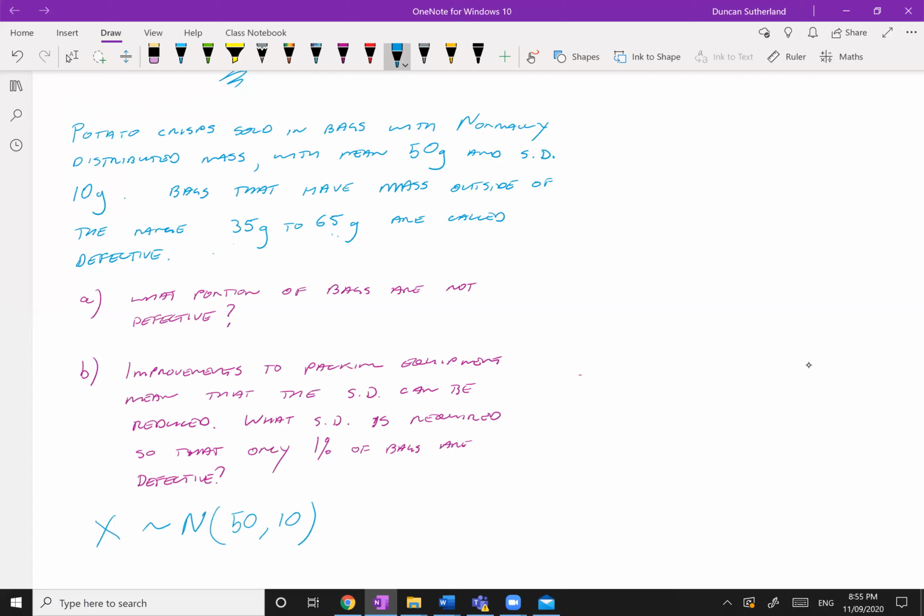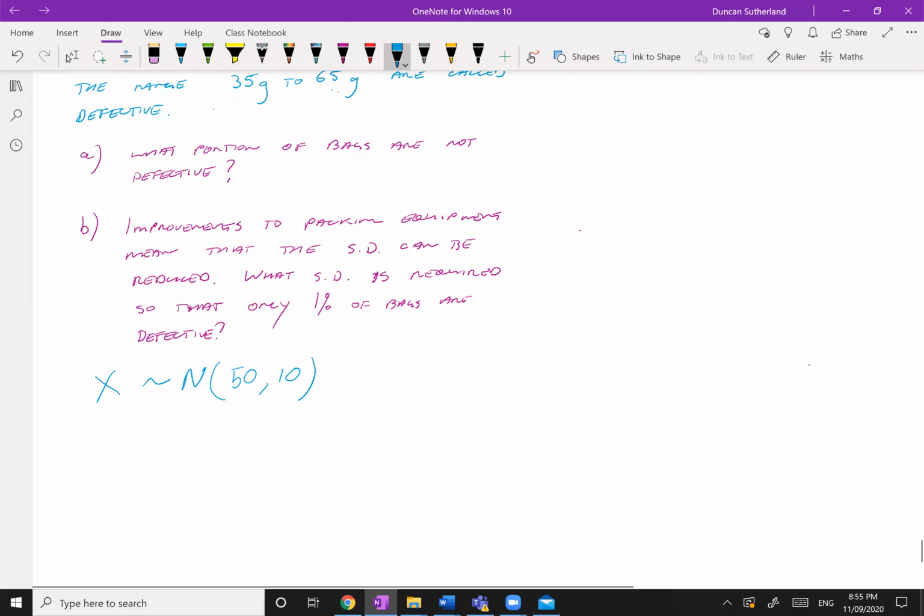So we're going to have to work through what we know about the normal distribution to be able to compute this probability. So let's firstly work out what we're supposed to be computing. We want the probability that X is bigger than 35 and less than 65 grams.